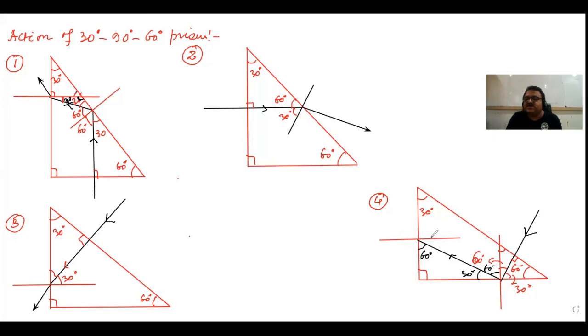It is 60, so this is 30 again. So what will happen? In this case, the angle of incidence is less than the critical angle. So now the light ray will be refracted into the next medium, correct? And since it is moving from denser to rarer, it will move away from the normal. So the path of the light ray will become like this. Is it clear?